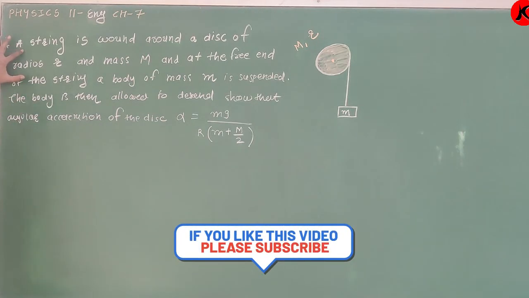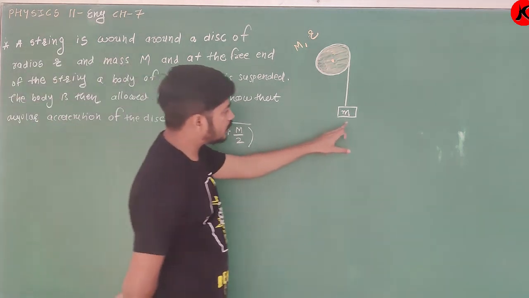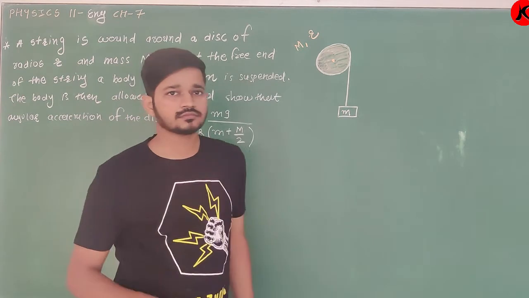So read this statement again. A string is wound around a disc of radius R and mass M, and at the free end of the string, a body of mass m is suspended as shown in the figure. The body is then allowed to descend. Descend means this body will move in downward direction.